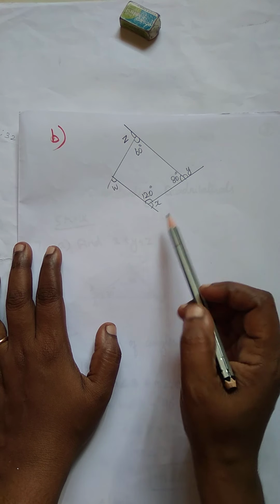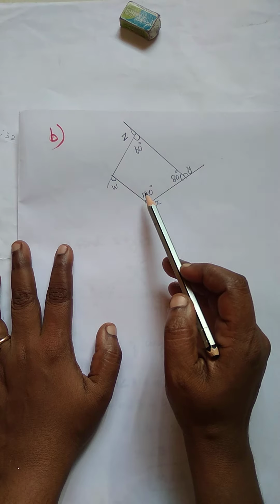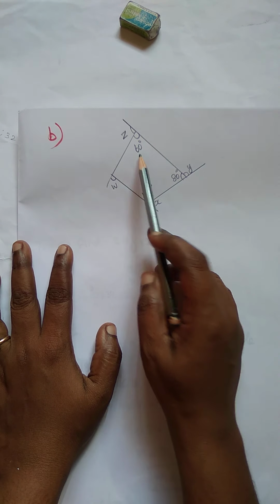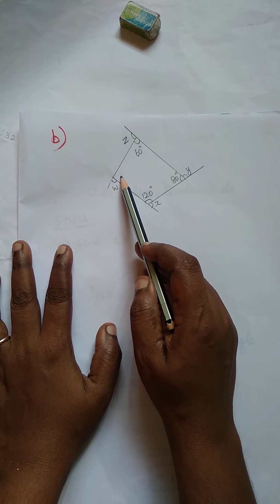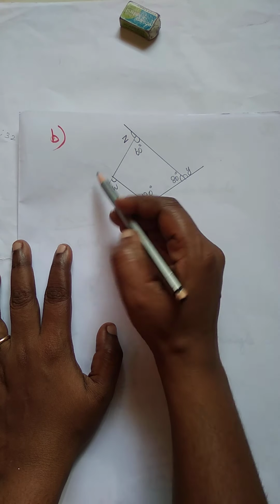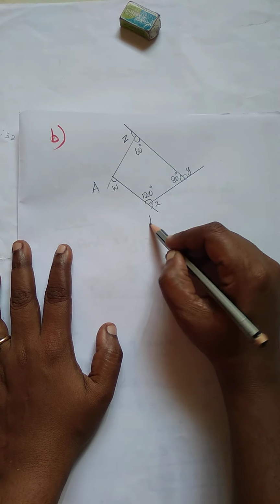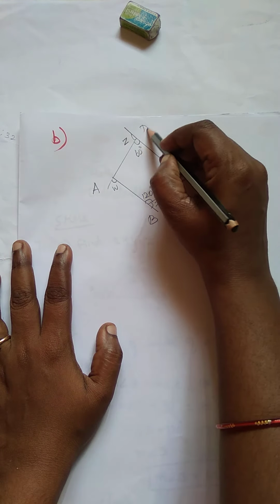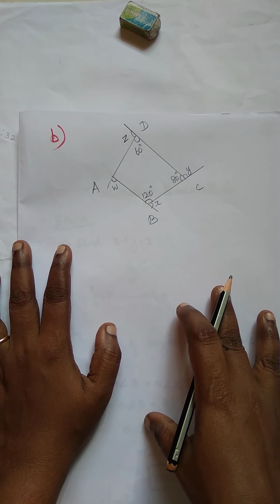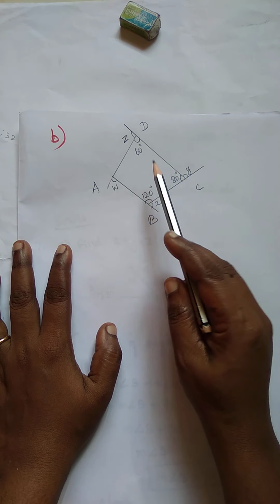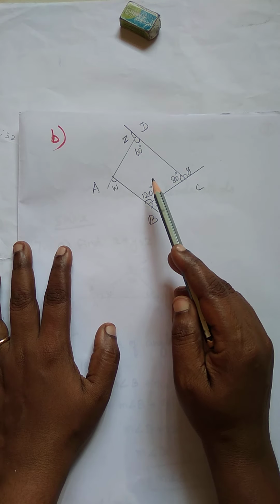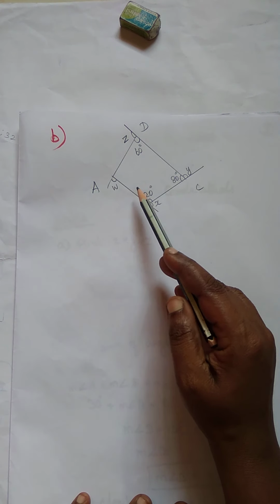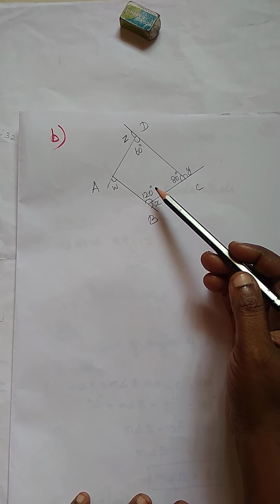So now see, interior angles 120, 80 and 60 degrees are given. We want to find the remaining one angle. Okay, we take this is A, here B, C, D. So this ABCD is a quadrilateral. Now the sum of the total angles of a quadrilateral is 360 degrees.